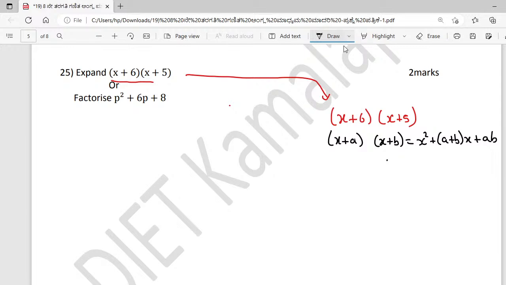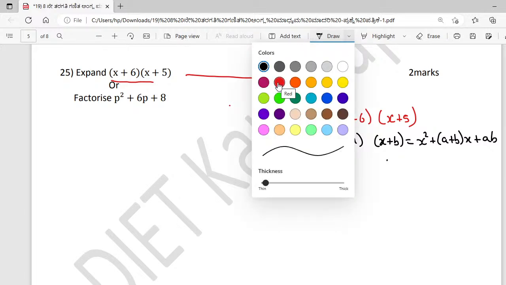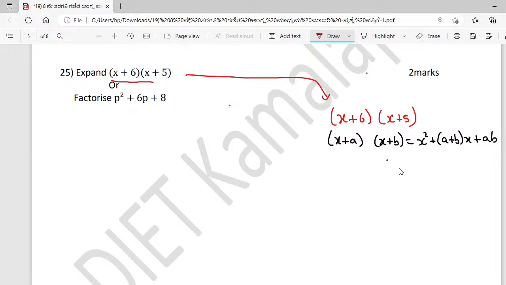So let us find the solution for this question. Now in the place of x they mention x itself, so we're gonna write down x as it is and the square as well as it is, plus. In the place of a they gave you 6, so in the place of a we're gonna write 6, plus. In the place of b they gave you 5, so in the place of b we're gonna substitute 5, x.